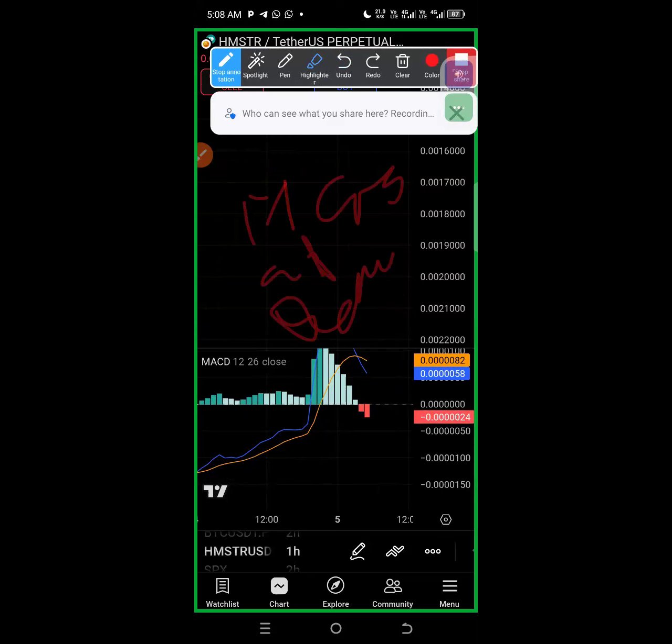In the course of our lesson here, what we are going to learn is the MACD crossovers, which is how the MACD line crosses above and below the signal line. This is the MACD line, which is blue.